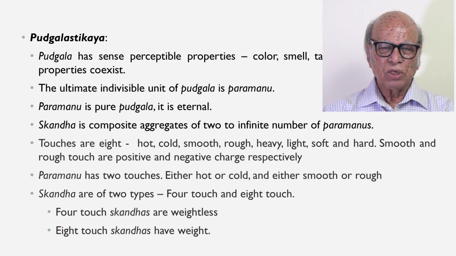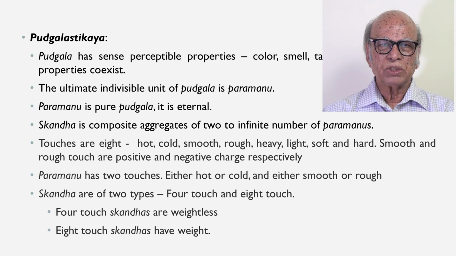Out of these, smooth and rough properties have been identified as positive charge and negative charge. So smooth touch has been identified as a positive charge, and rough touch as a negative charge. This enables us to make a comparison between the concepts in Jainism and the concepts in science.